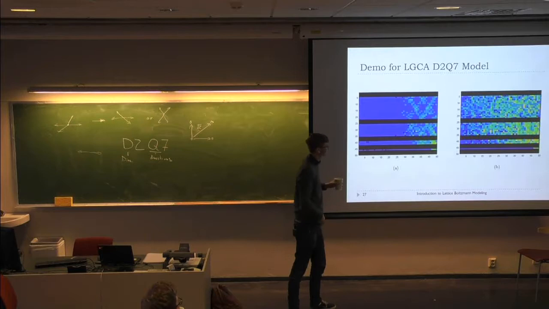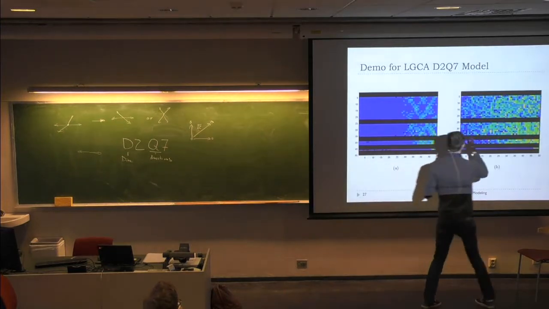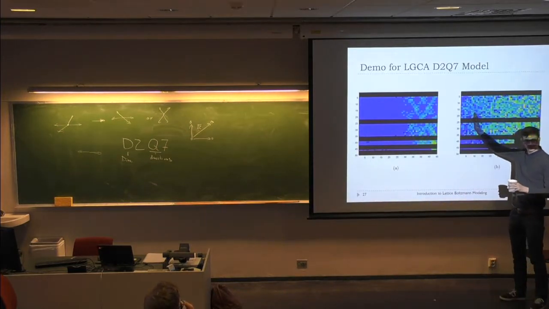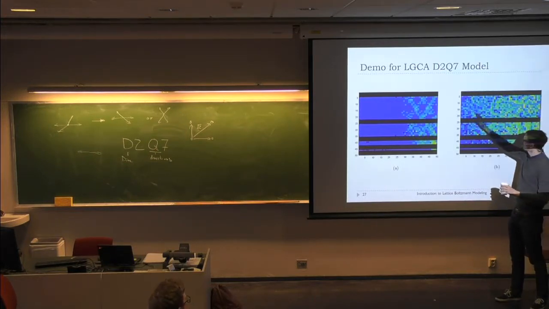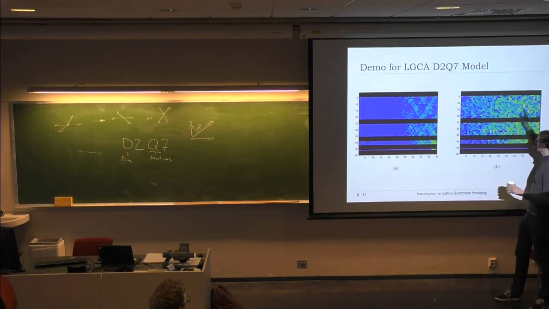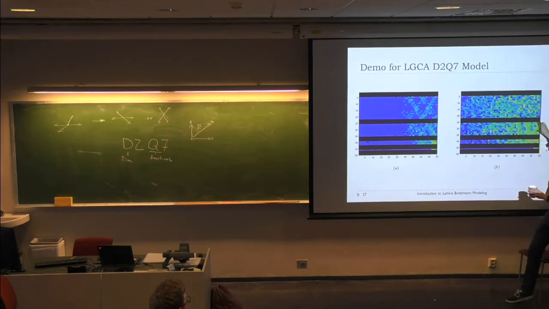And what you see is that the front of the flow, so basically the density of particles, is distributed differently based on the width of the pipes that the fluid is flowing through.